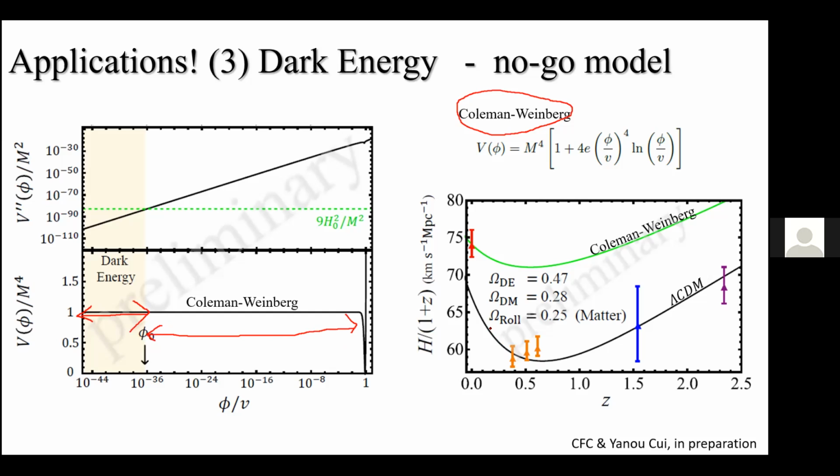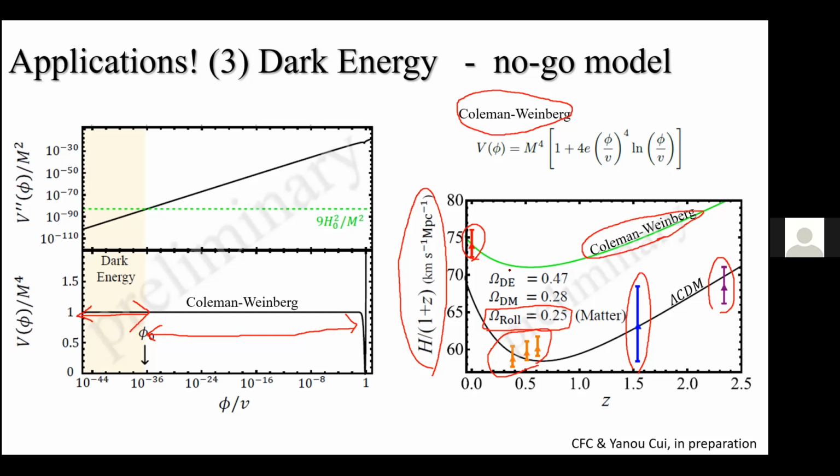In this case, the rolling down field takes up part of your universe's energy budget, which will badly affect your prediction of the Hubble rate. Comparing with the current local observation of the Hubble rate, we cannot fit this data very well because the rolling down field takes place. By the way, this point is the so-called Hubble tension. Even lambda CDM cannot fit it.